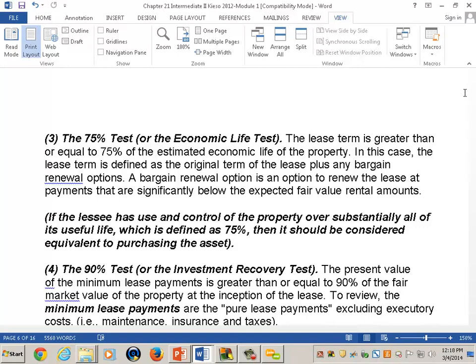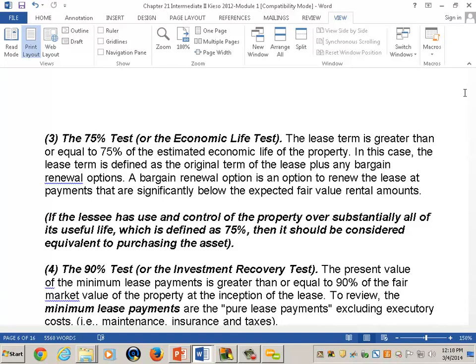Says that if the lease term, that's the total, is at least 75% or more of the economic life of the asset, it is a capital lease.